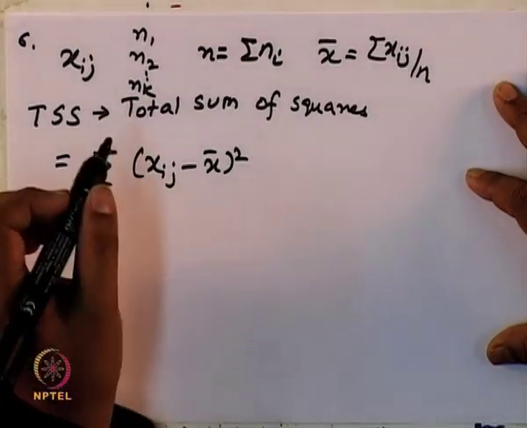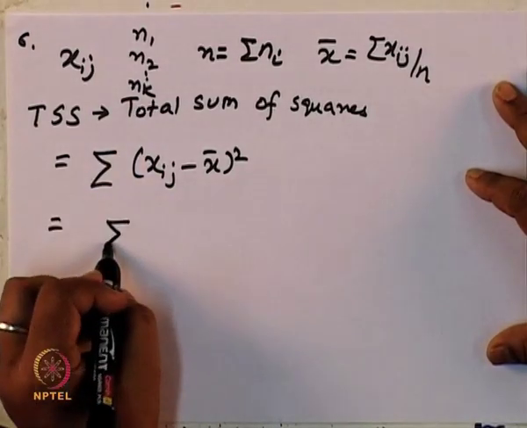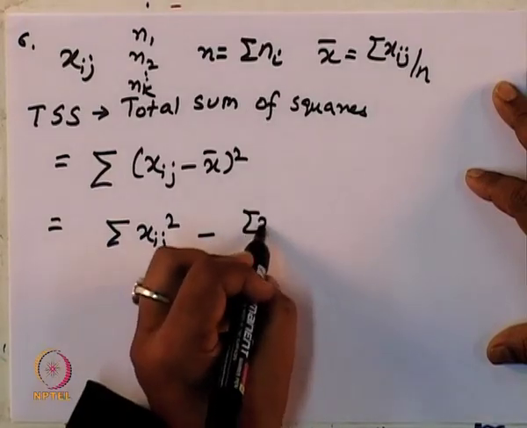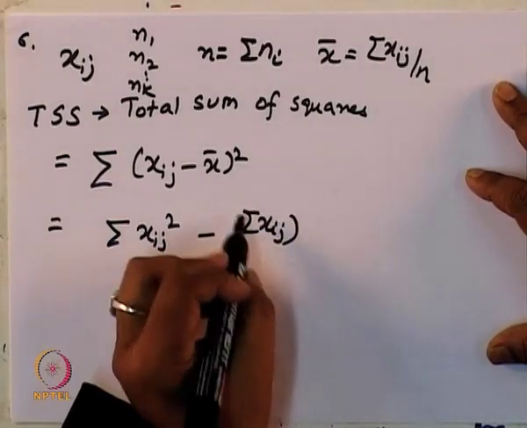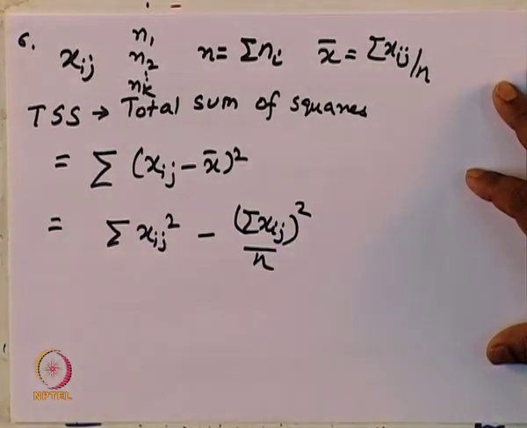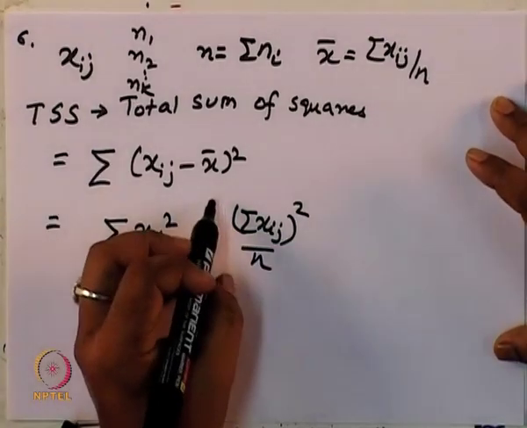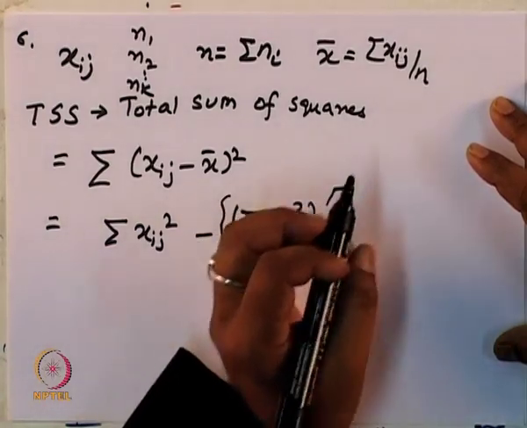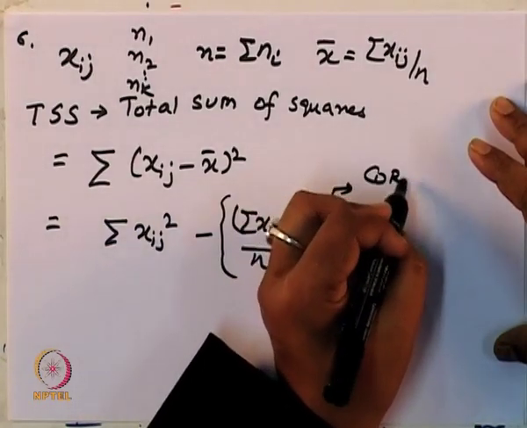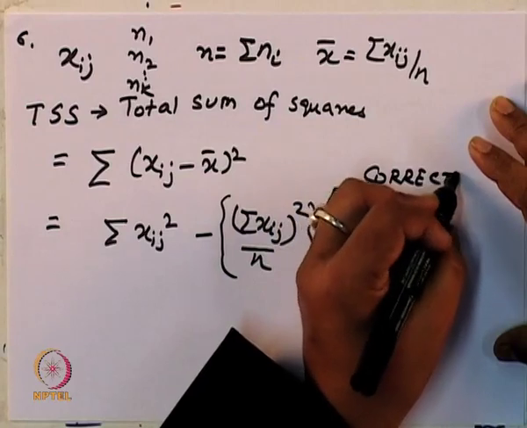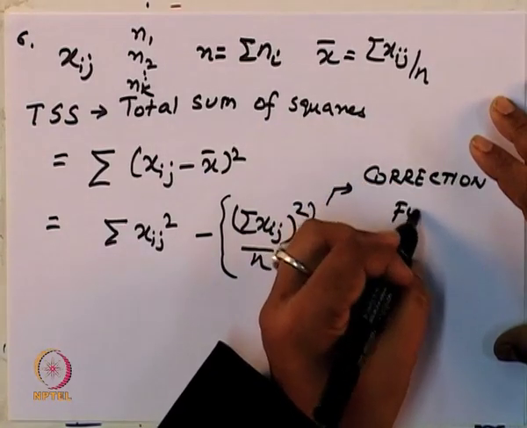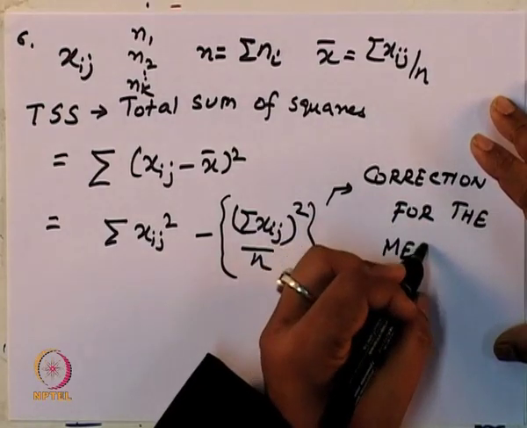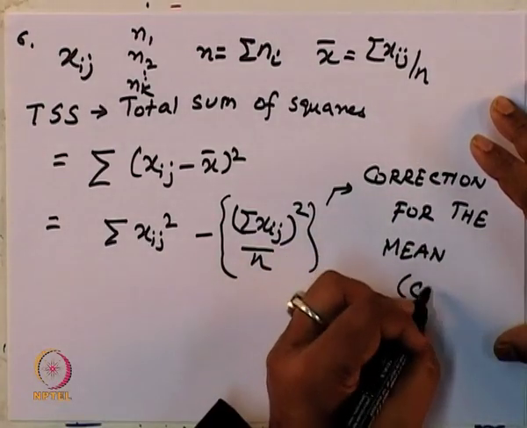If you expand this, you can show that this is nothing but the summation of xij square minus a term which is called the correction for the mean, or CM.